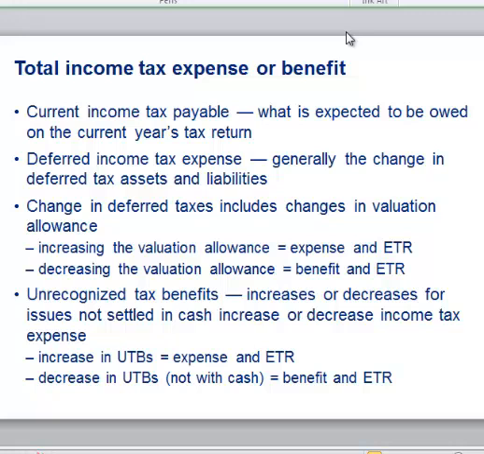The only thing that's potentially confusing is that when we talk about steps 1, 2, 3, we don't focus so much on this, and again, this is that UTB thing we were just talking about. But think of it as another part of step 1. Not only are we accruing the taxes that we owe and we're going to pay, but think of us as having to accrue the taxes we probably ought to pay, but don't feel like paying. That's all that section is. It's just another variation of step 1.